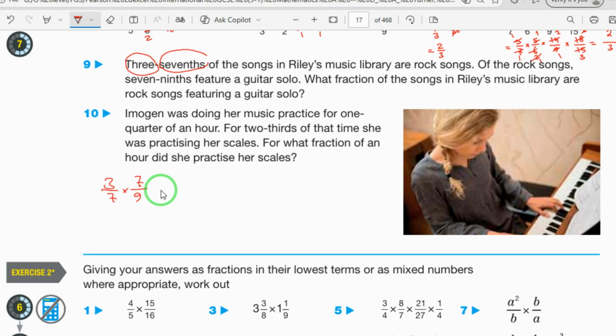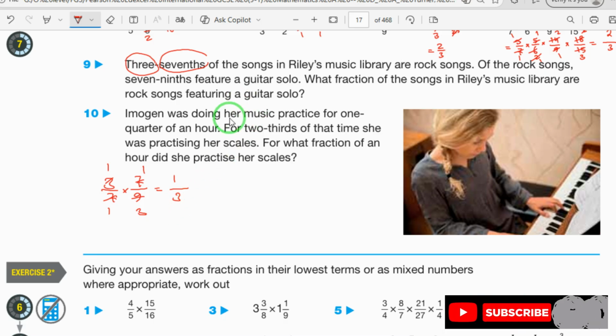Now we simplify this one. We can simplify 1 times of 7 is 7, and also 1 times of 7, 1 times of 3, 3 times of 3, 1 multiplied by 1, 1 multiplied by 3. So it means 1 third, or 1 over 3 of the total songs in this library are guitar solo.